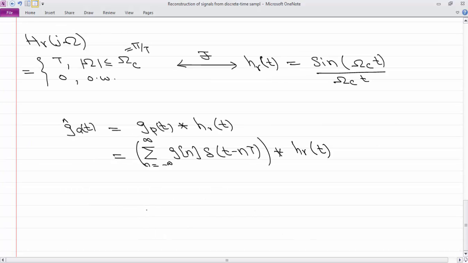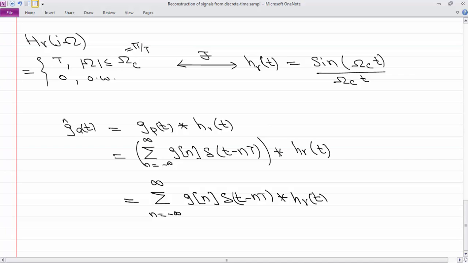Okay, now I'll just use the linearity property of convolution. I'll write the sum over n from minus infinity to infinity of g of n, delta of t minus nT, convolved with h_r of t.